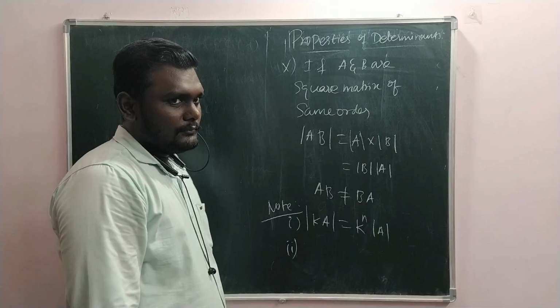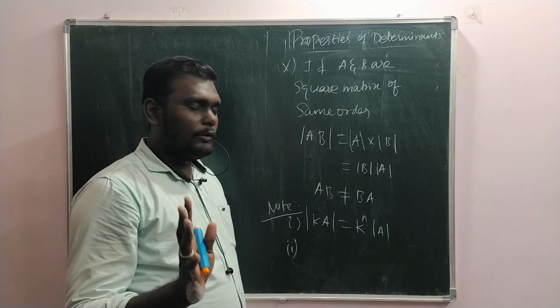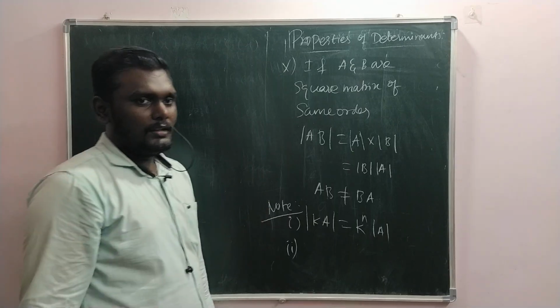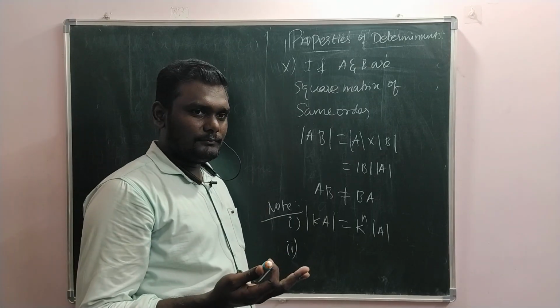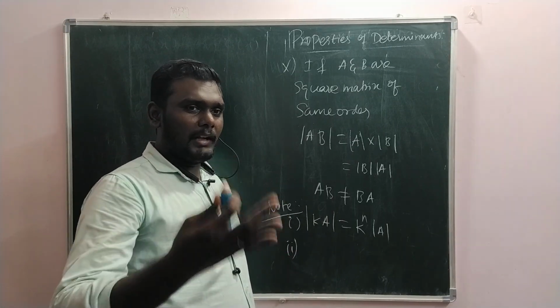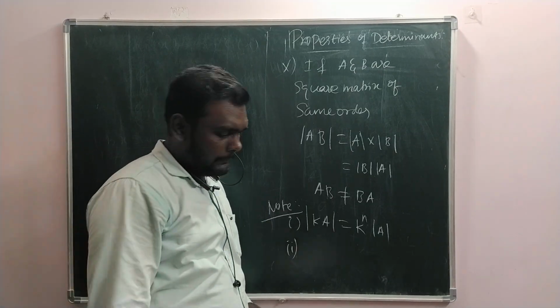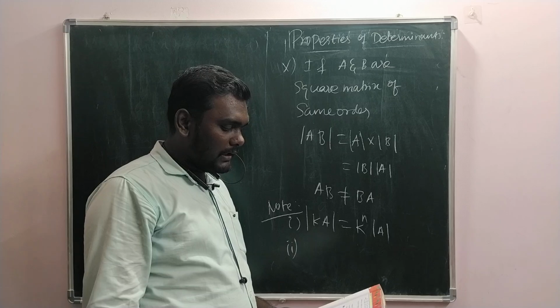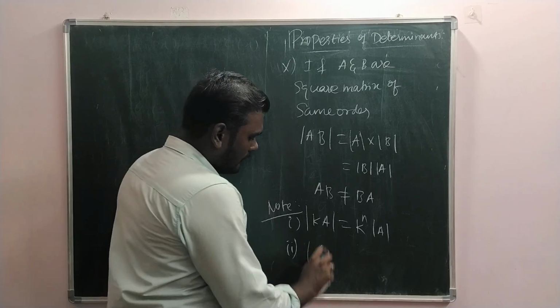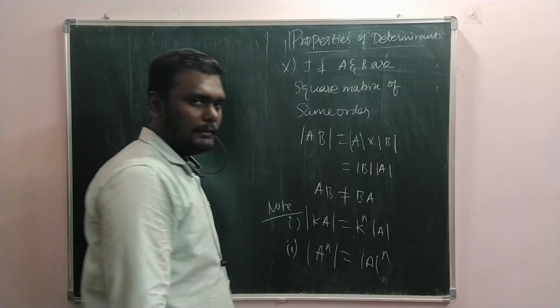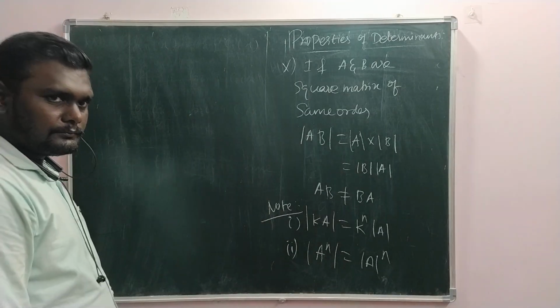It's obvious. If the first row is full of 0, then the determinant is 0 into something minus 0 into something minus 0 into something, fully 0, right? Also for any positive integer n, the determinant of A power n is equal to determinant of A whole power n.